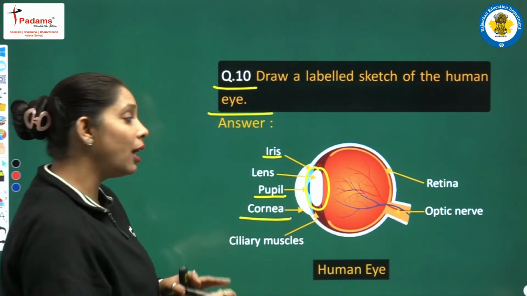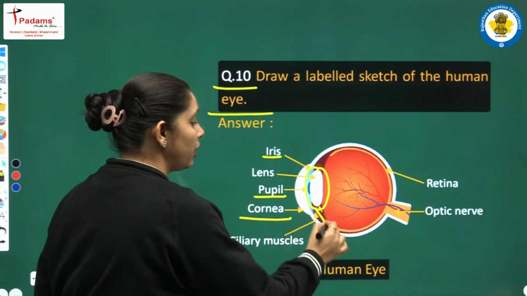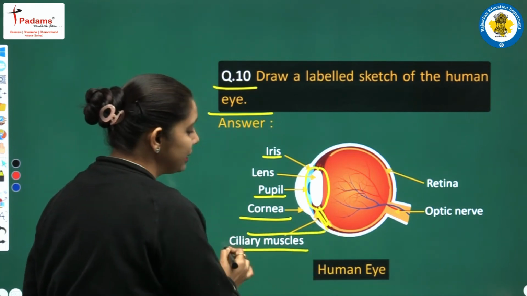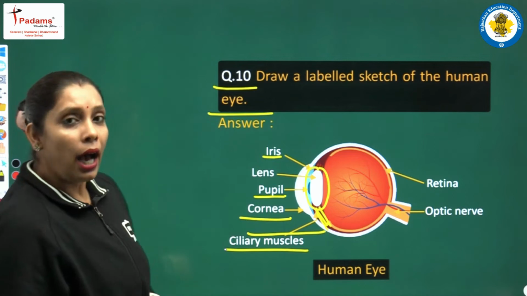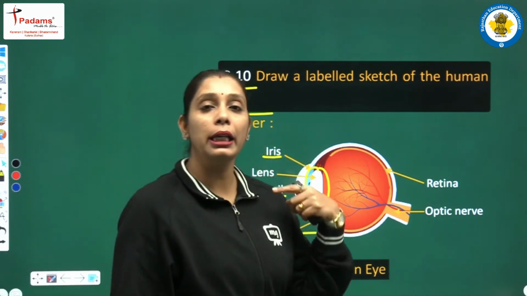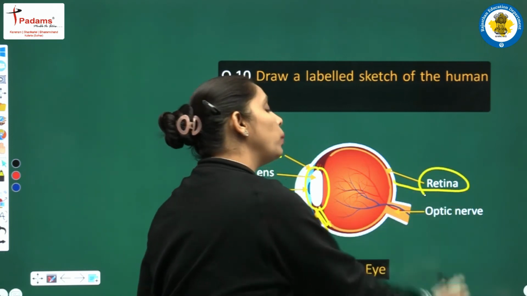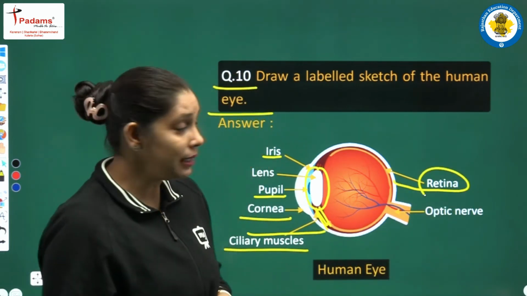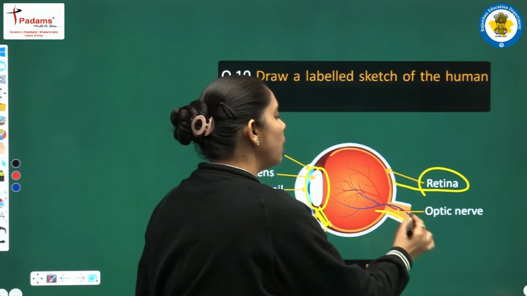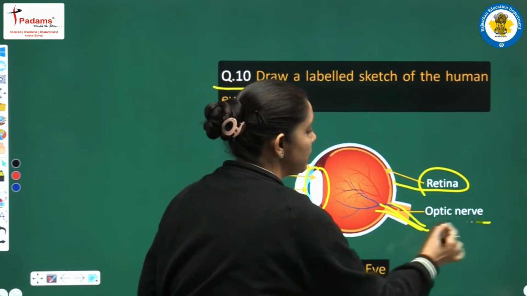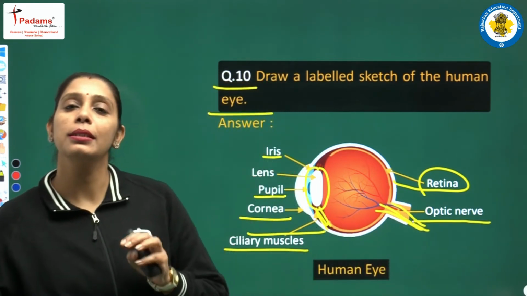And they all are attached. Here we are having muscles which we call ciliary muscles. अब हम बात करते हैं the behind part of the human eye. Here we are having retina where the image formation takes place, and here the optic nerves are there. Clear? This is the simple diagram.